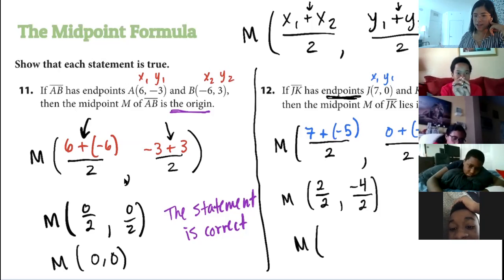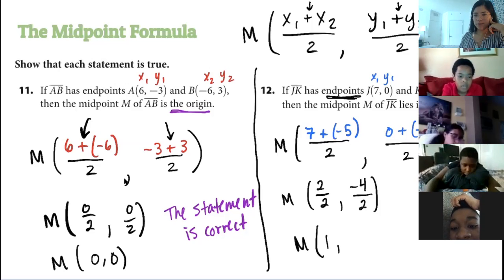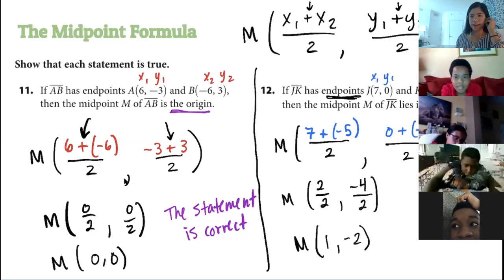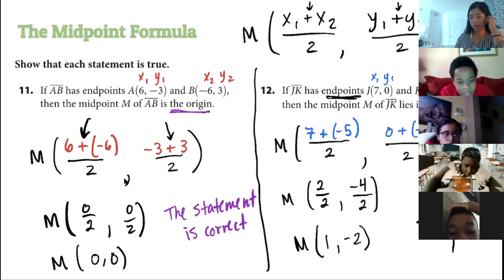All right, and like Daniel said, 2 over 2 simplifies to 1. And then -4 divided by 2 gives me -2. Okay, is that point in the 4th quadrant?